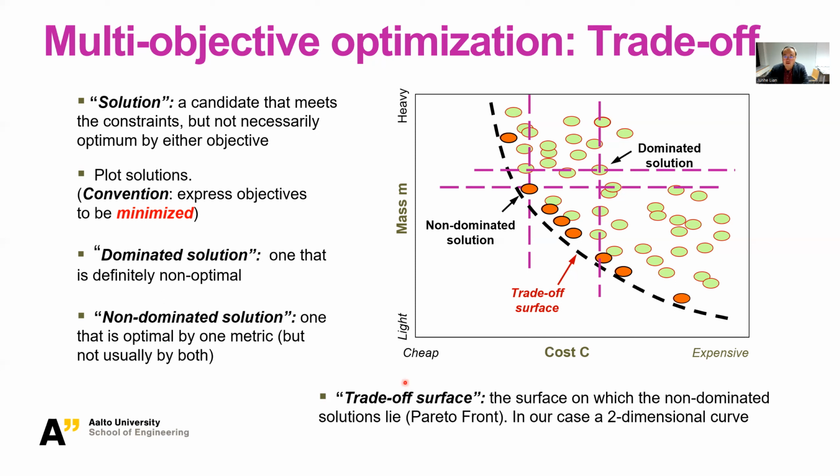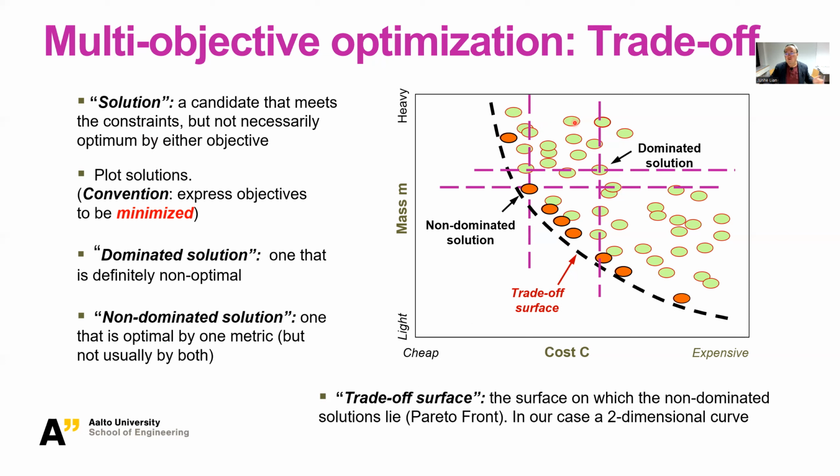Let's look at the same diagram, steel mass and cost. First, we are listing materials here. Each bubble here represents one material, in our sense one solution. This means this material or solution could already fulfill those constraints.